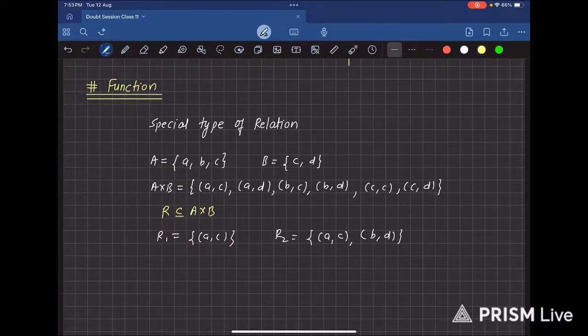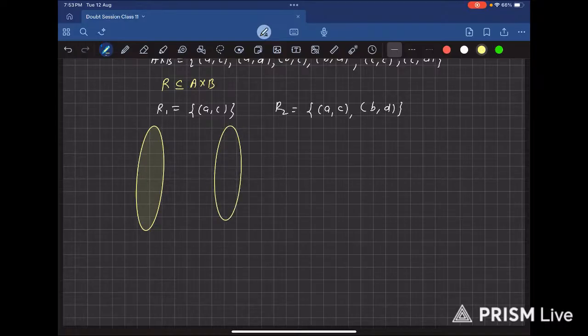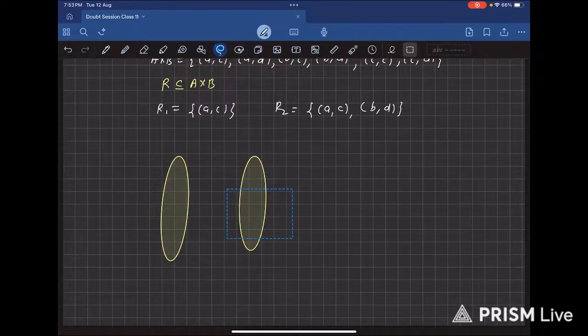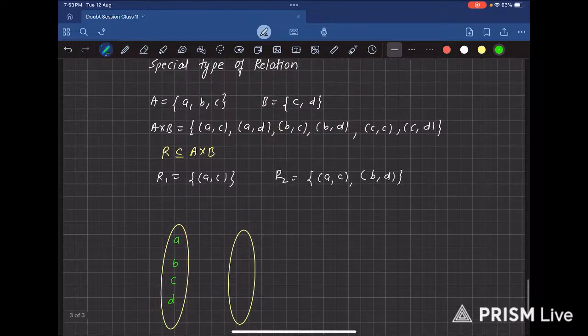Okay, and for relation I can make the mapping diagram. You must never forget to distinguish between relation and function. What is the confusion students will face here? I'll discuss those things also. Let us keep here a, b, and here c and d.